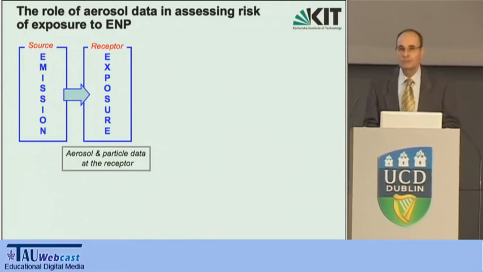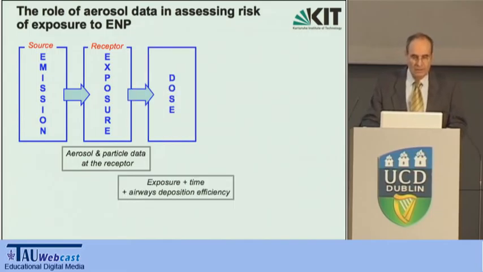And for an aerosol person, which I am essentially, the receptor is pretty much the entrance to the human airways, if we are speaking about humans in this particular case, or let's say the surface of a biological system if you think of a plant.